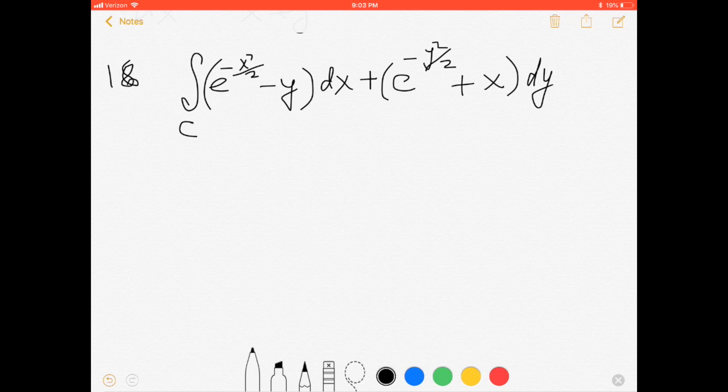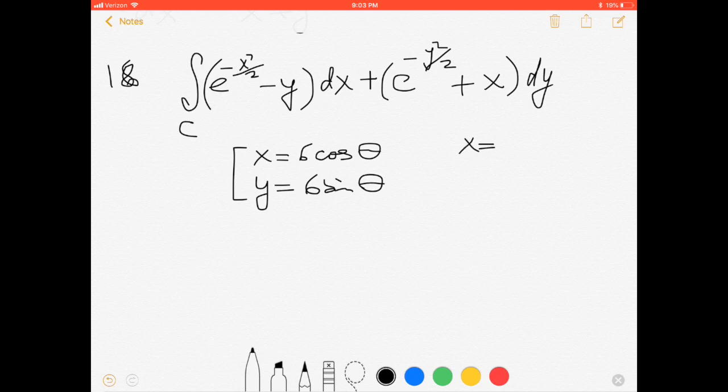And the region is bounded by one curve x equal 6 cosine theta, y equal 6 sine theta, and a second one x equal 3 cosine theta, y equal 2 sine theta.